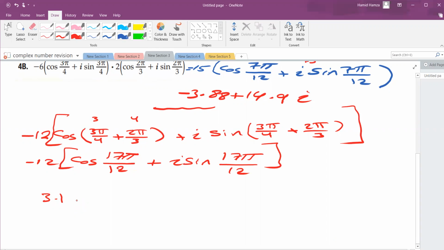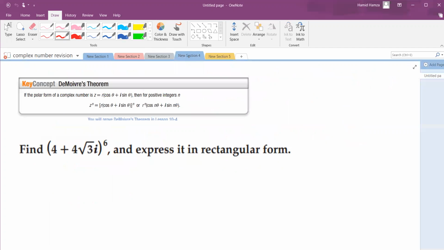And the sine part, plus 11.6 i, multiplied by negative 12. Okay, guys, so that's it. This is how to multiply and how to change it to rectangular form.